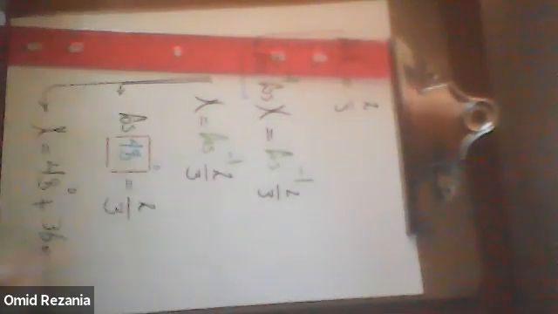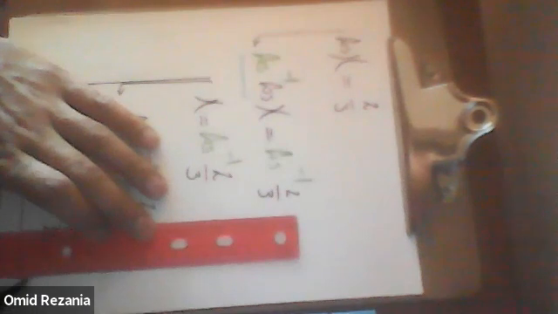Plus 360 times n. Let me write this one here also, which is in degrees. Now we're also going to transform that into radians and find the answer corresponding to that.